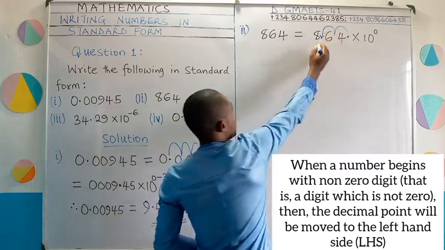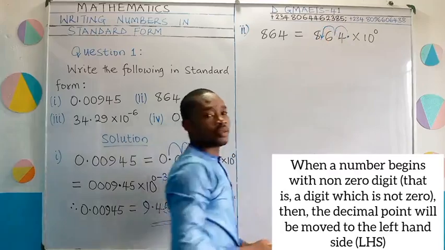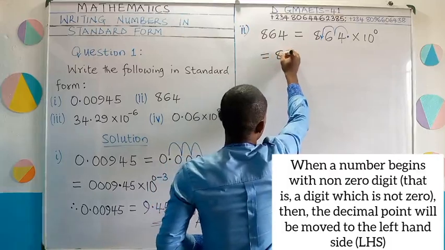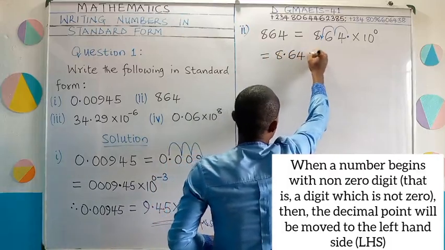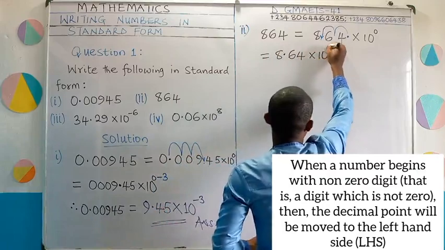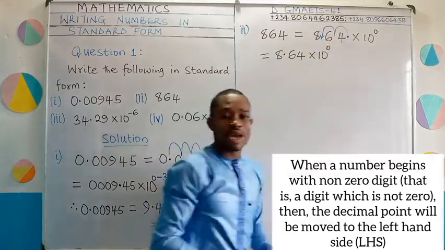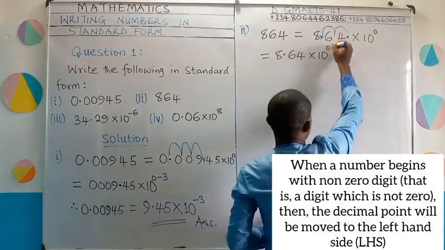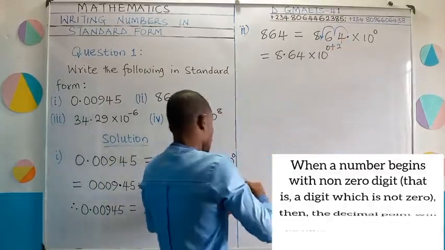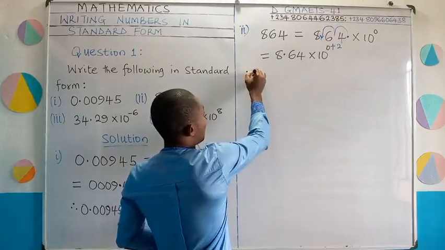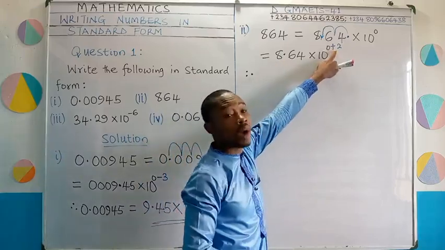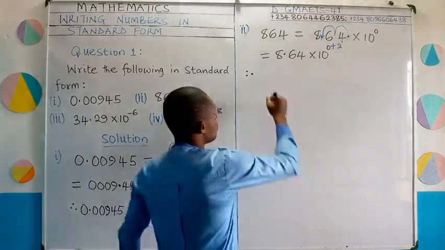So that's 2 times. This is where the point now is. This is equal to 8.64 times 10 raised to the power 0. Now I move the point 2 times to the left, and so I'm going to add 2 to the power of 10. We can now conclude that 864 is equal to 8.64 times 10 raised to the power 2. 0 plus 2 gives you 2.